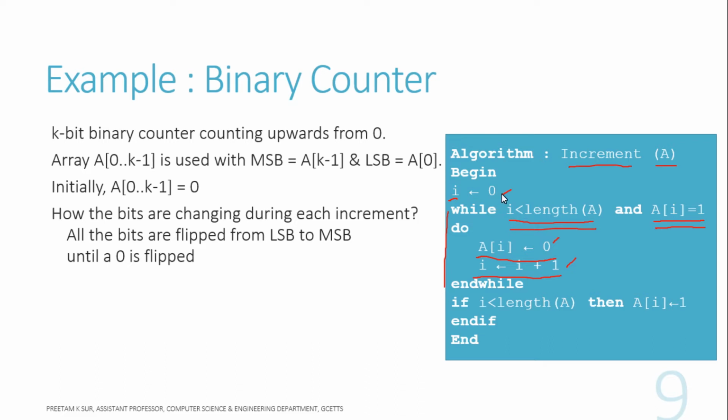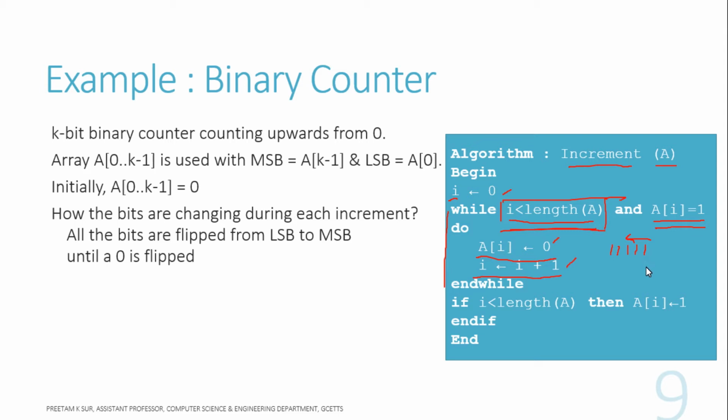The first one is when the condition i less than length of A becomes false. This condition becomes false when all the bits in the bit string are 1. In the last example we had 5 bits. If all 5 bits are 1 and you call the increment operation, it will convert all the ones from LSB to MSB to 0.